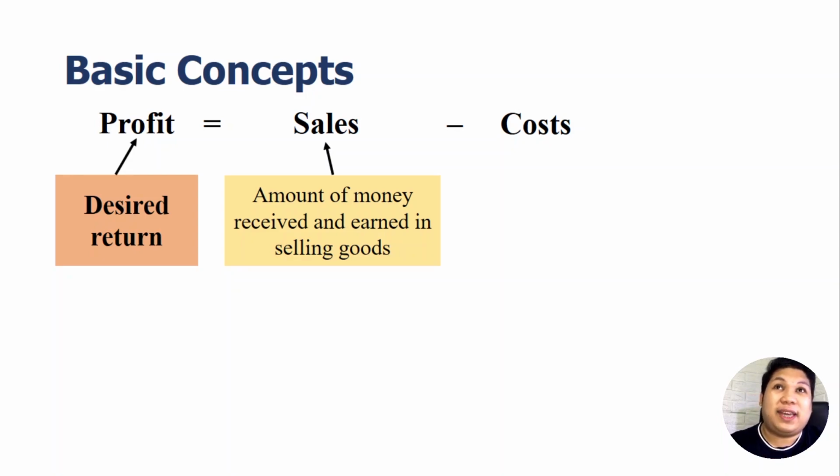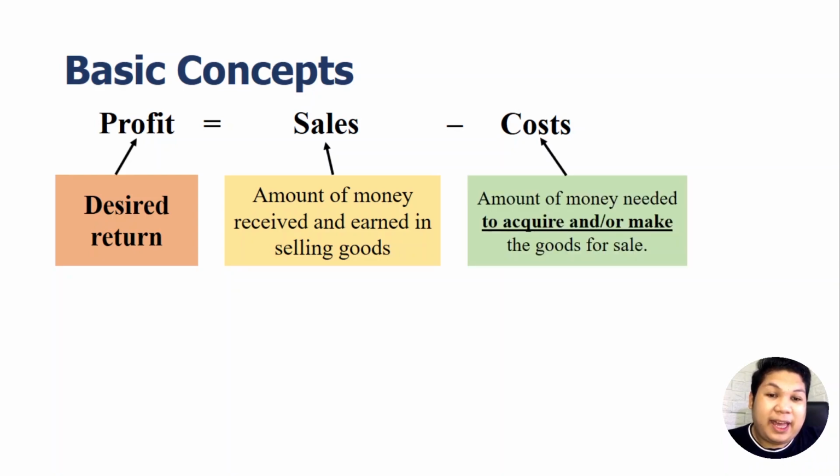Okay, so when we say sales, this is the gross amount before deducting anything from the sales that we have. And when we say costs, this is the amount of money needed to acquire and or make the goods for sale. Before we can make a sale, of course, you need first to acquire goods, so you may have something to sell, right?